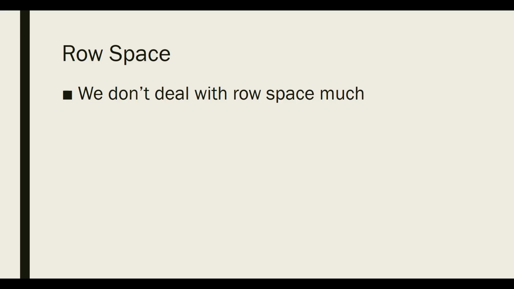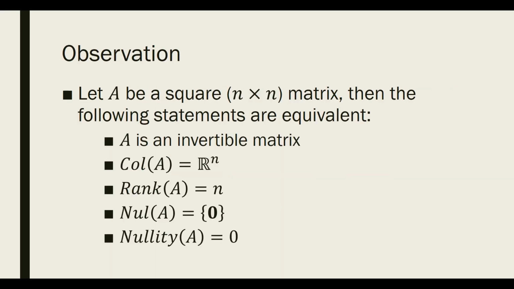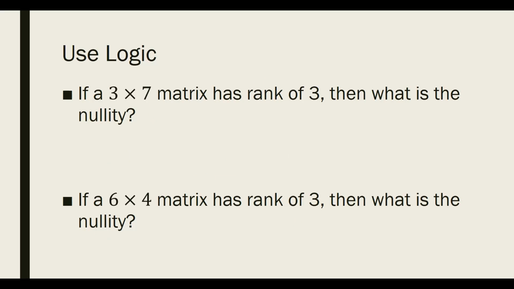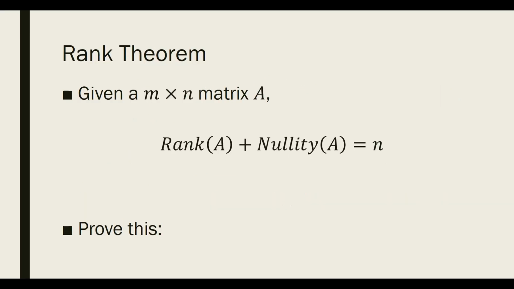What I do want you to take away from this section, though, was obviously rank of A being n, nullity of A being 0 when A was invertible. Being able to use these logical steps along with the rank nullity theorem, that was the other big issue. So rank plus nullity adds to the number of columns.